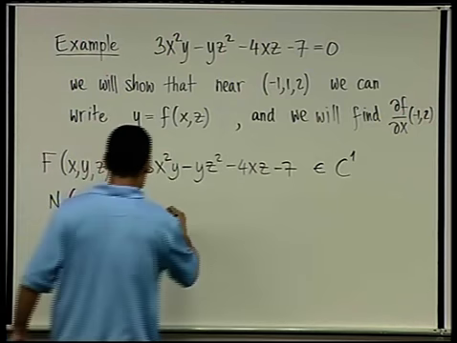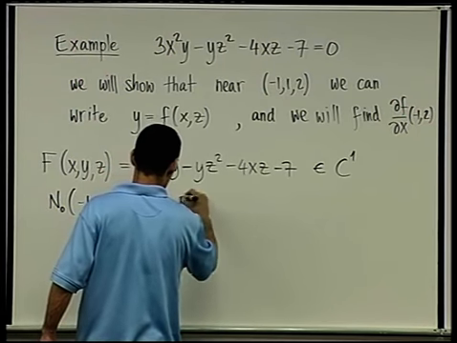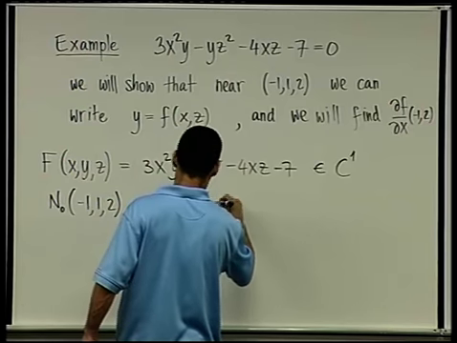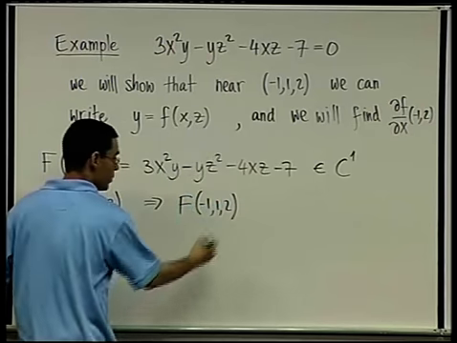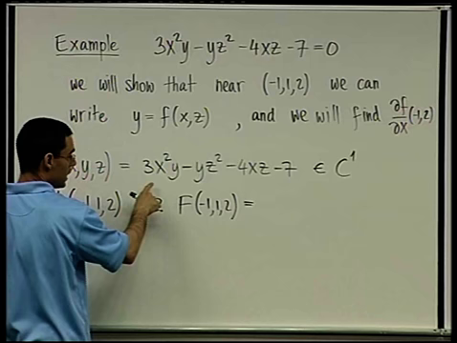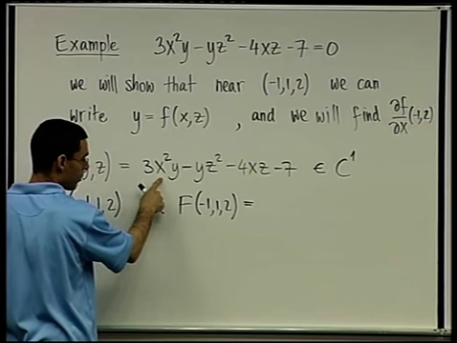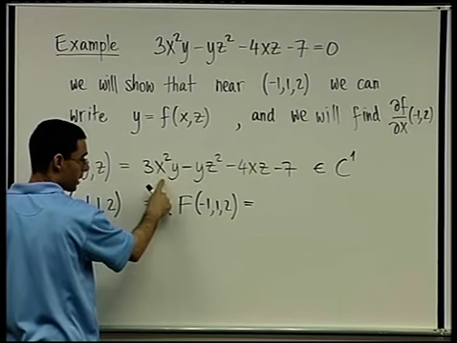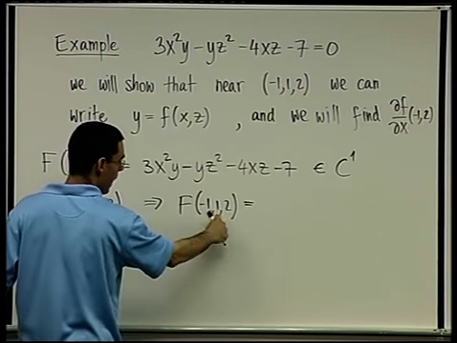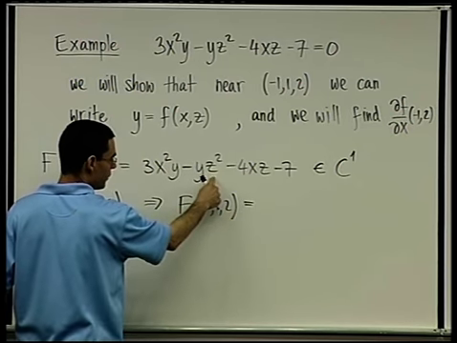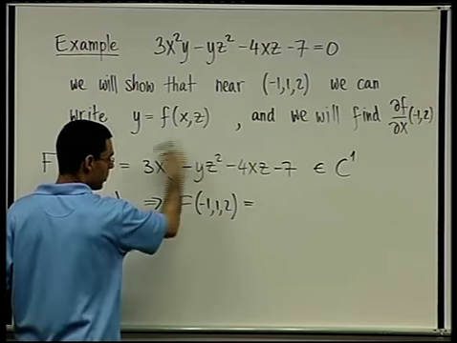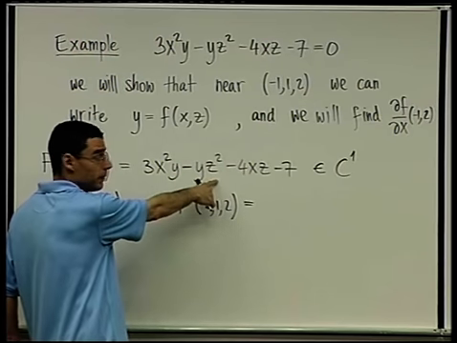Let's see that. F at the point -1, 1, 2 is what? I have to plug in -1 for x, so I get 3 times 1, so this is 3, minus y times z squared, so this is 4, y is 1, so it's 3 minus 4, so far I'm at -1.